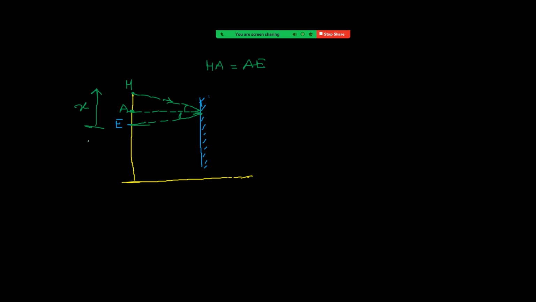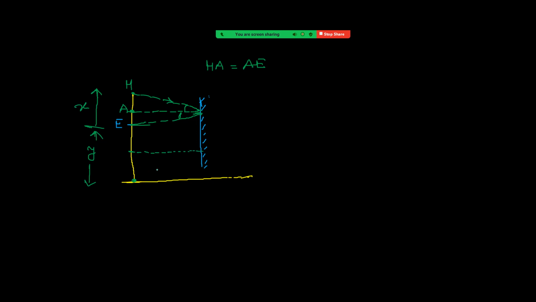Next, let us consider the feet. Take the height of his eyes as y. This is y. Again I am taking the midpoint of these two. Light rays coming from his feet, after reflection, should reach his eyes.